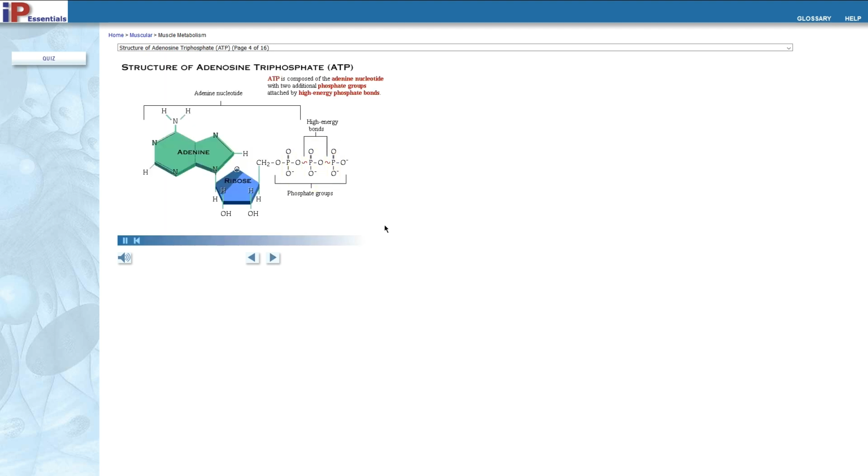ATP is composed of the adenine nucleotide with 2 additional phosphate groups attached by high-energy phosphate bonds.